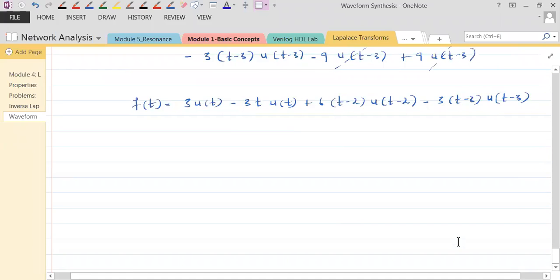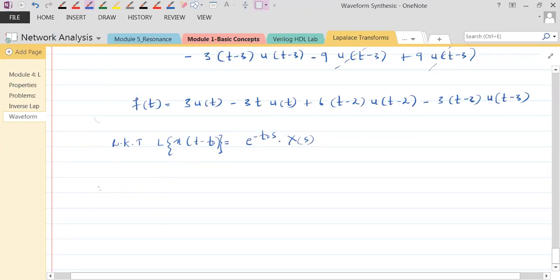Okay, so by which property are we doing this? We know that Laplace transform of x of t minus t naught is actually equal to e power minus t naught s into x of s.